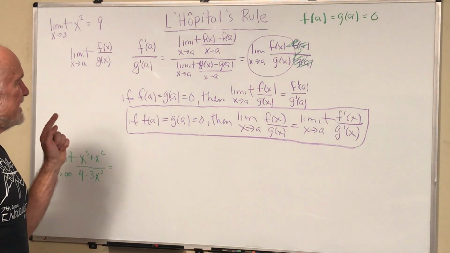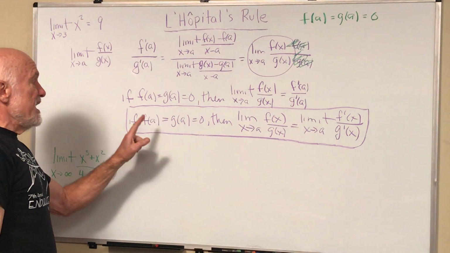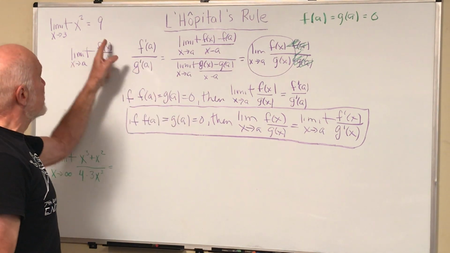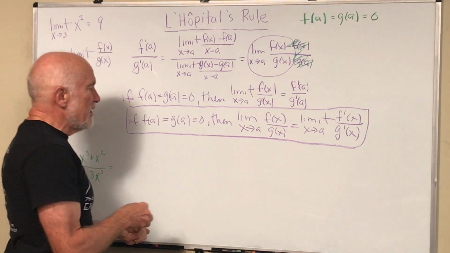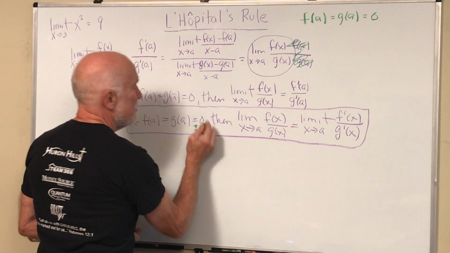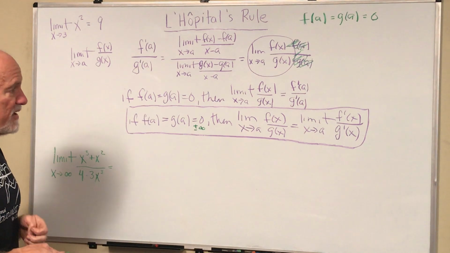But they went ahead, Johann, I assume, was the one who did it. He said this is not only true if they both equal 0, like 0 over 0, but also if they equal plus or minus infinity. Either plus infinity over negative infinity or plus over plus, it doesn't matter.